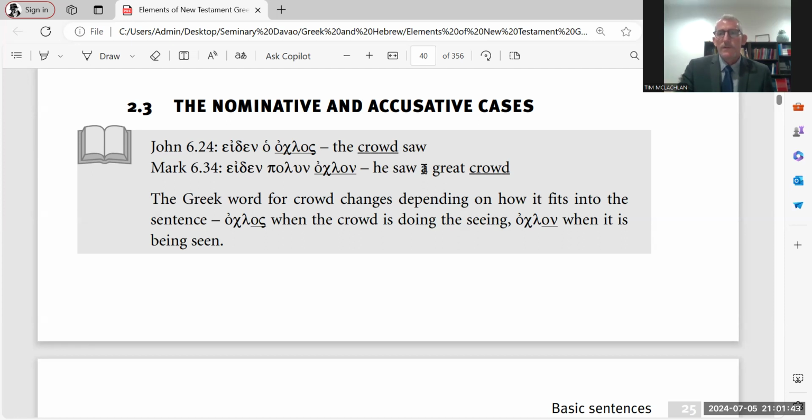Remember, logos means a word, that's the word in the nominative case, but logon means word in the accusative case, and I'm seeing the word. So you could say I see, but actually the verb see really has to be transitive. You can't just say I see, because you have to be seeing something.